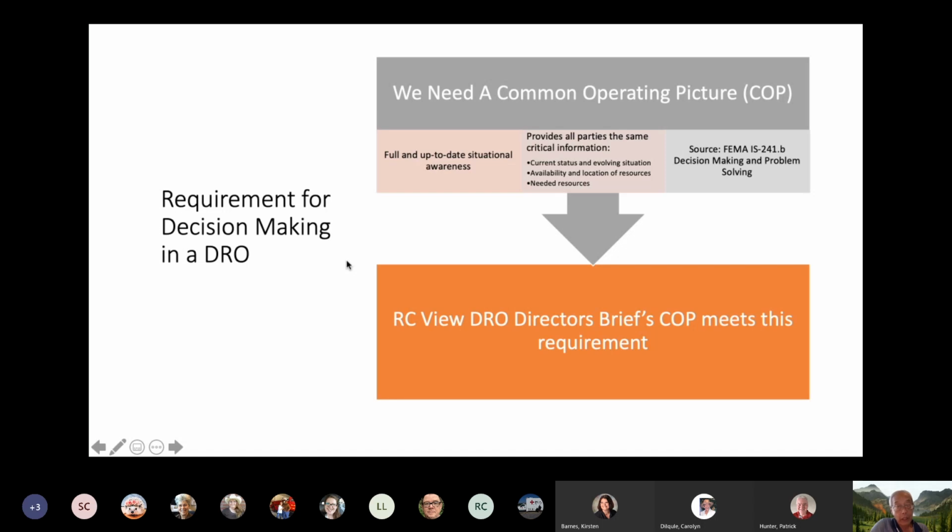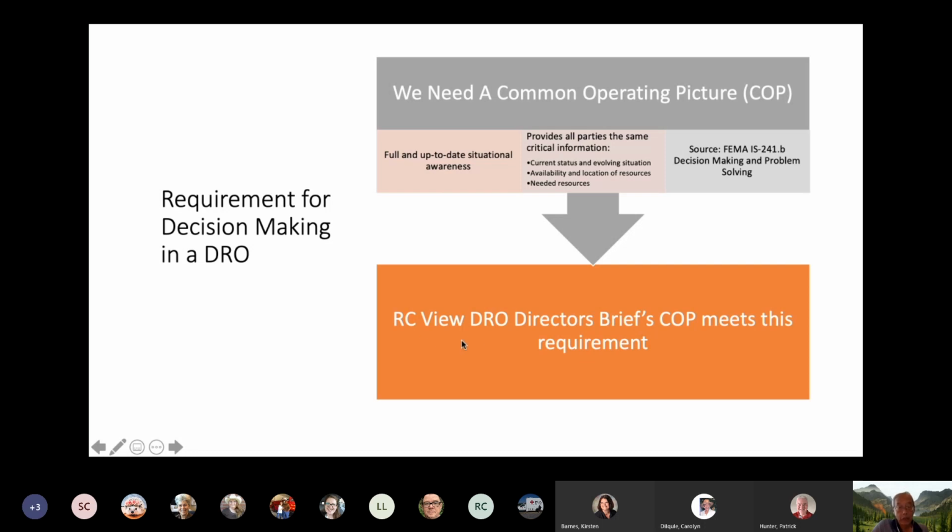Where is the county Office of Emergency Services? Where is the incident command post for the response on the government side? Again, the source of that can be found in the IS 241B, the common operating picture, as discussed in the ConOps 3.0.